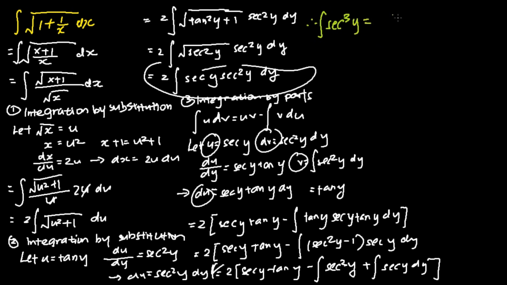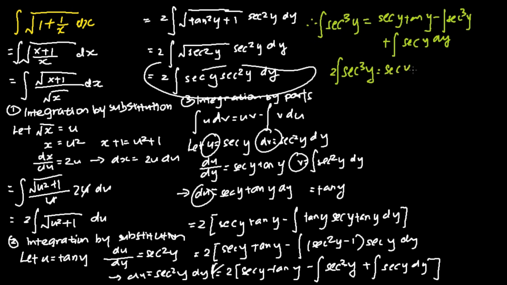So this is equal to secant y tangent y, subtracting away the integral of secant cube y plus the integral of secant y dy. So in this equation, I can add both sides by the integral of secant cube y. So I get 2 times the integral of secant cube y, which is equal to secant y tangent y plus the integral of secant y dy.